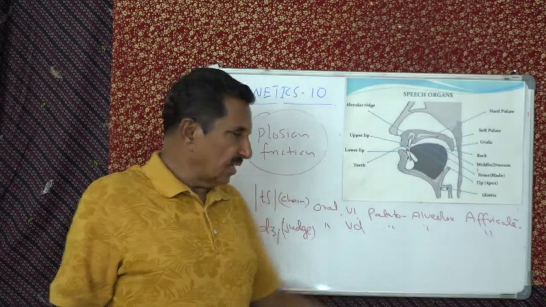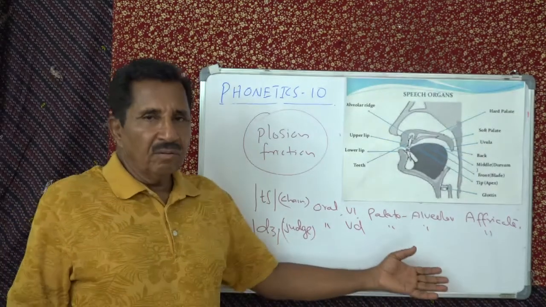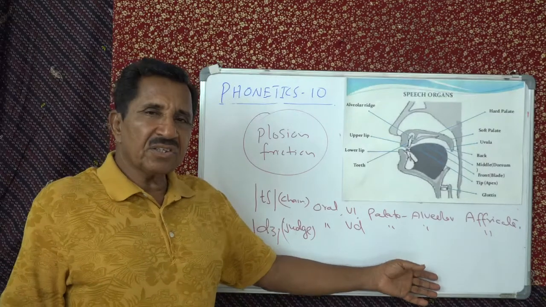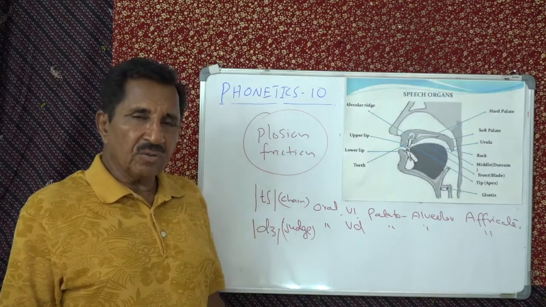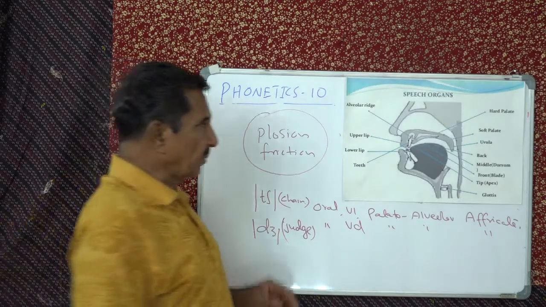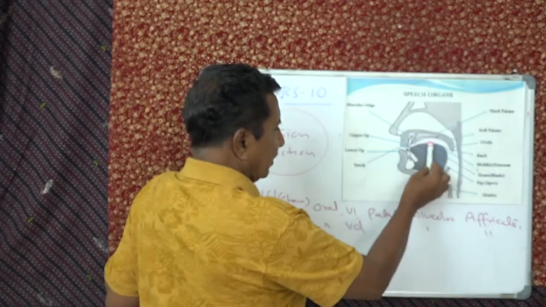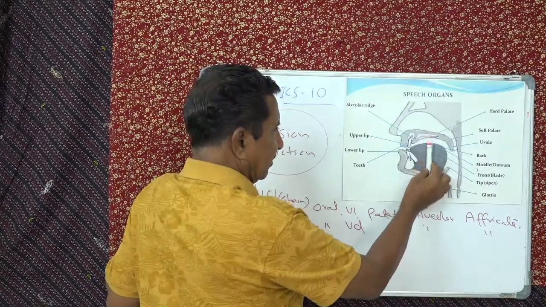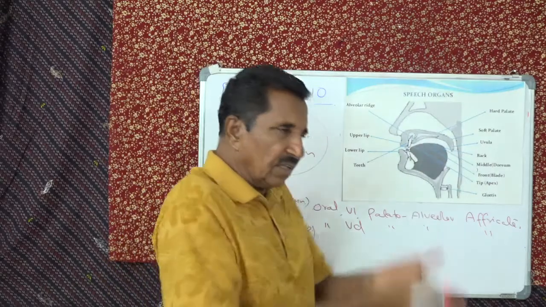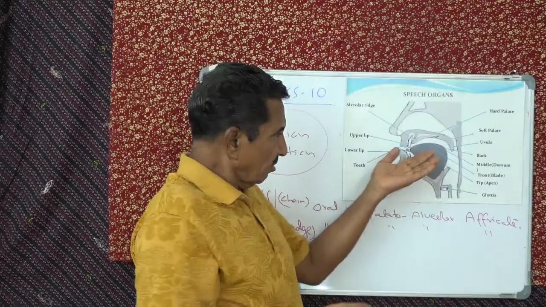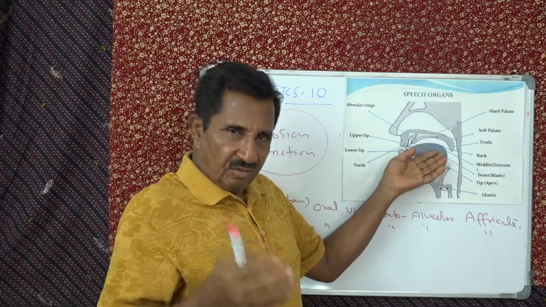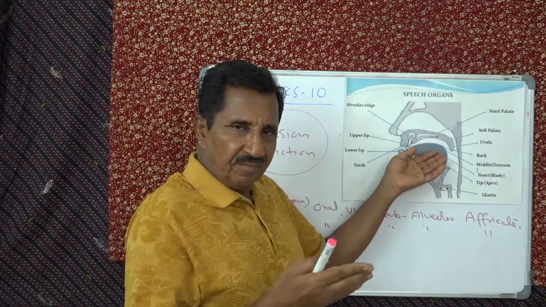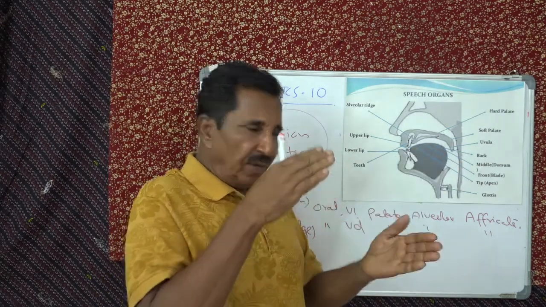Understand? And the difference you can see. The place of production is the same as sh, palato-alveolar. So you say palato, that means this part of the tongue is raised, of course not straight away, but close approximation. That is close, going near.